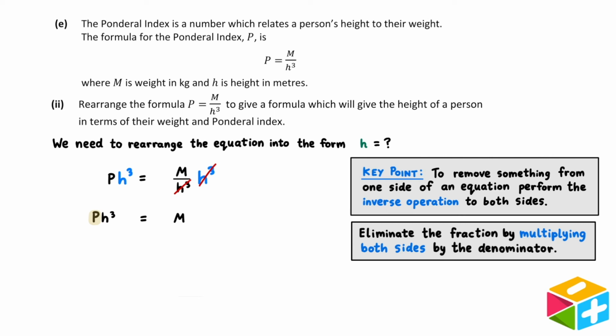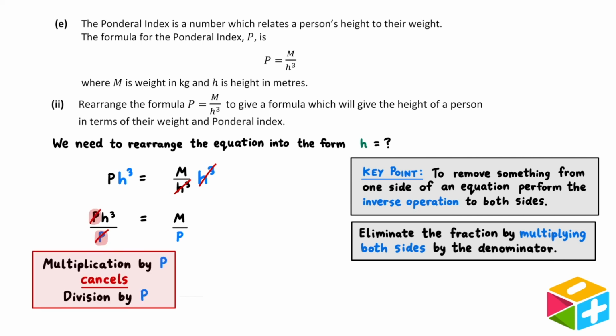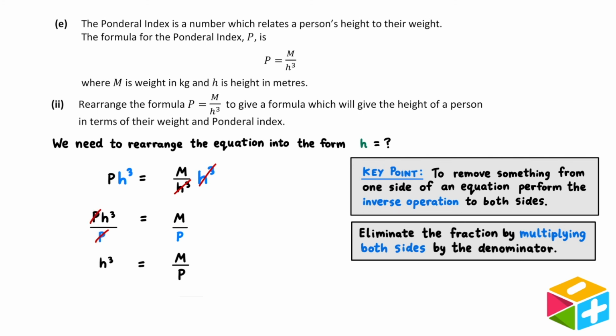The inverse of multiplication is division, so to remove multiplication by p, we should divide both sides by p. Now, we'll need to remove the power of 3. The inverse of a power of 3 is a third root. So here, we should find the third root of both sides.